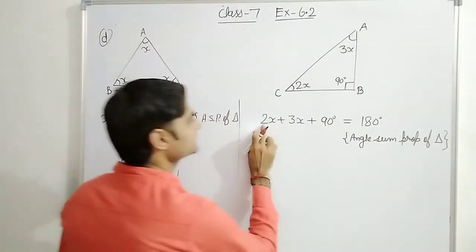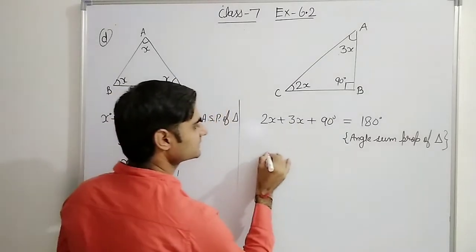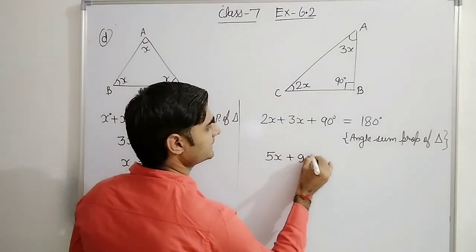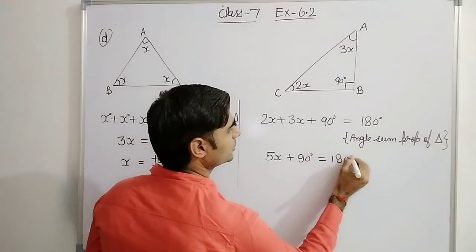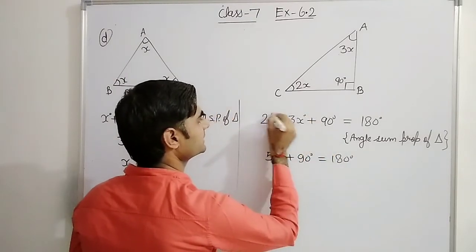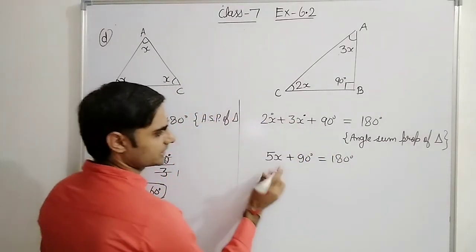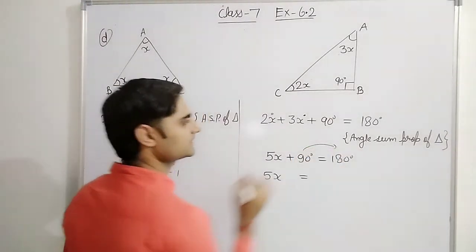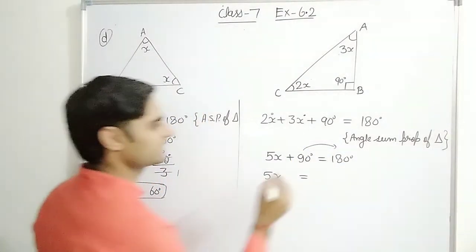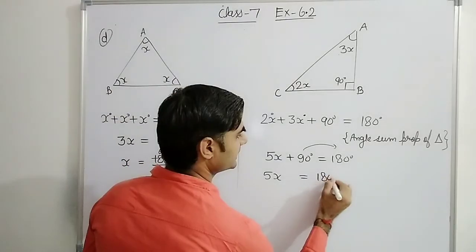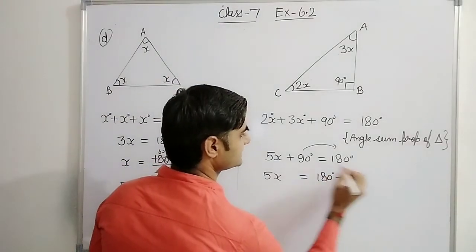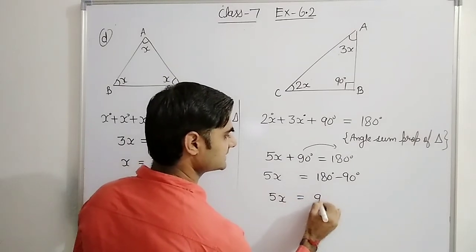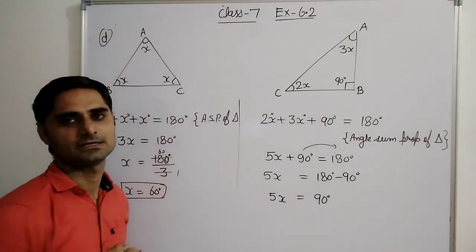Okay, now the next part is 2 plus 3. 2 plus 3 is equal to 5x plus 90 degree is equal to 180 degree. Here also you can take degree, no? 2x, 3x. Okay, 5x is equal to, taking like terms together. So can we transpose? By transposing, this will be 180 degree minus 90 degree. So 5x will be 180 minus 90, which is equal to 90 degree.